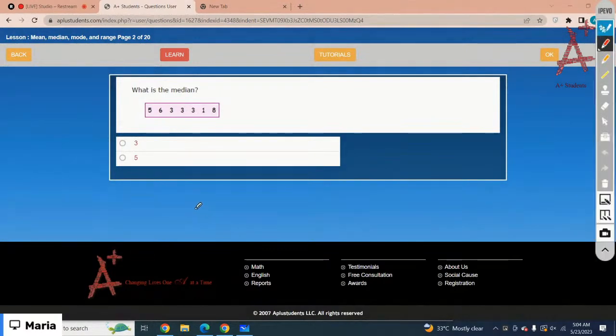It would be 1, 3, 3, 3, 5, 6, and 8. Now let's see. This one is the middle one because here you have three numbers and here you have three numbers. So the median of the data is 3. So the correct option is 3.